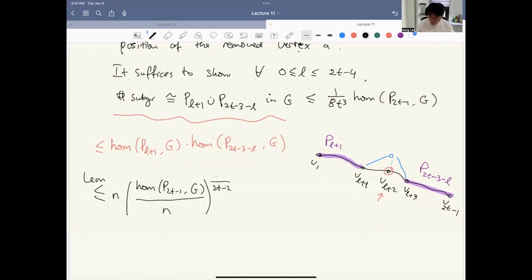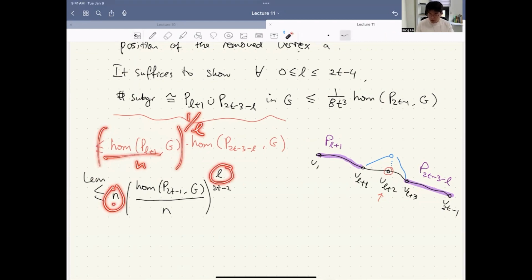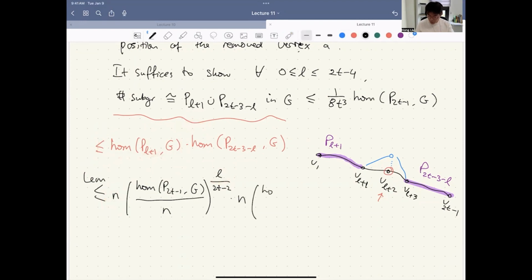But we need to raise to the power L for this first factor, because before it's like 1 over n raised to 1 over L, right? So we raise to the power L and move n to the other side. Same for the other one, so times n, homomorphisms of P_{2t-1} in G divided by n, raised to the power 2t-4-L over 2t-2.